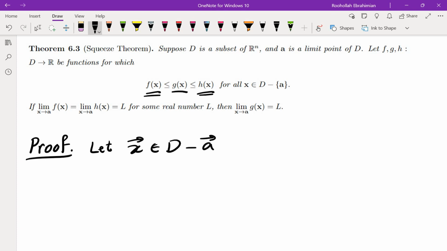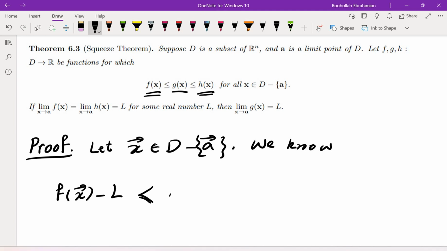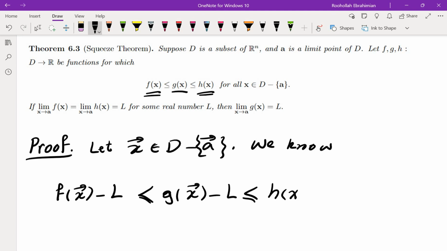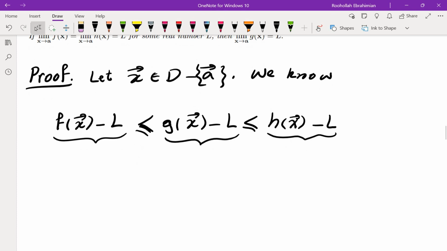So what we know is this: f of x minus L is less than or equal to g of x minus L, which is less than or equal to h of x minus L. Now we would like to show this is small, knowing that both of these two can be made small. So I would have to relate the absolute values. So what's the relation between the absolute values?